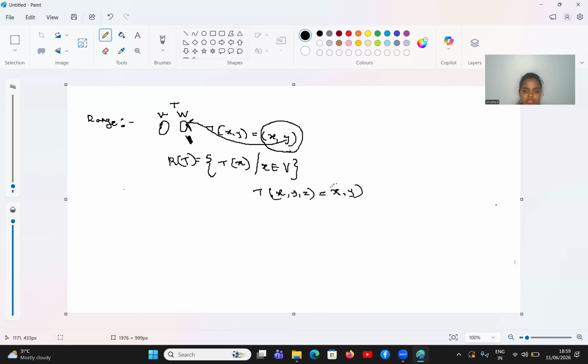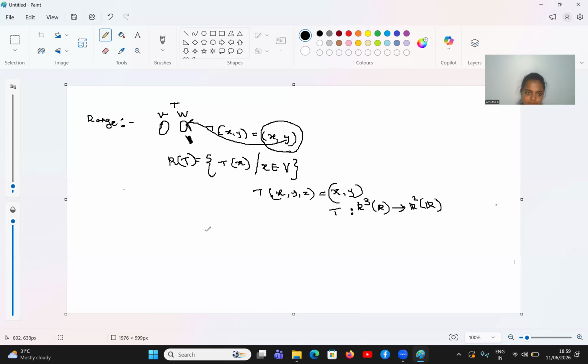How can you say which vector space this map is from and to? Here 3-tuples we are having, that means R3 over R. It's going to the right hand side, where the tuples have 2 entries, so it is mapping to R2 over R. So the map is from R3 to R2.